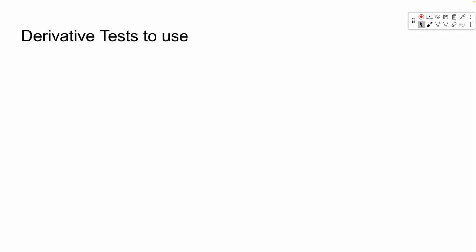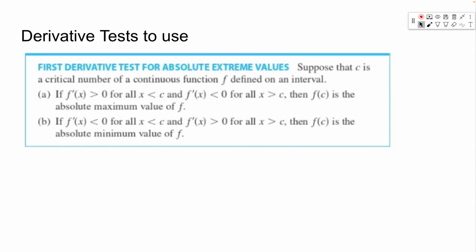So we have two derivative tests. Our first derivative test, certainly if we set it equal to 0, we find out where those minimums and maximums are, because where a derivative is equal to 0, that means we have a horizontal tangent line, which means that's the height, right? It goes up and it comes down.